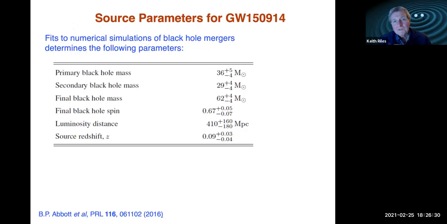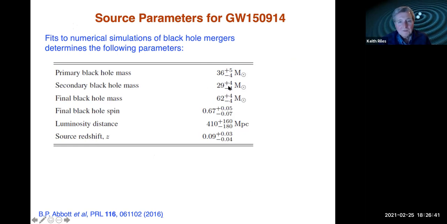These are some of the parameters for that first detection. We have one black hole with 36 solar masses with some significant errors on those. Secondary, a lighter companion at 29 solar masses. The final black hole, which they merged to form, had a total mass of 62 solar masses.